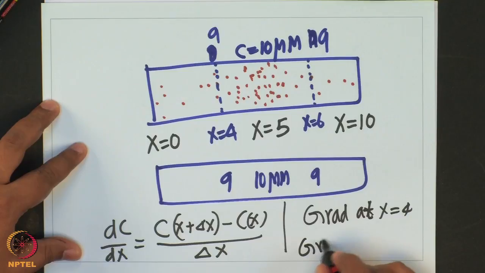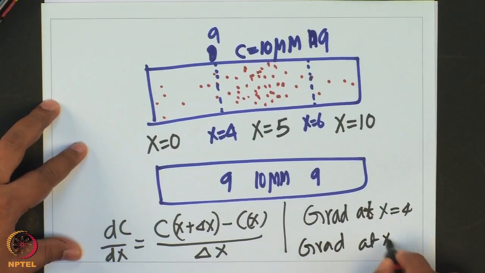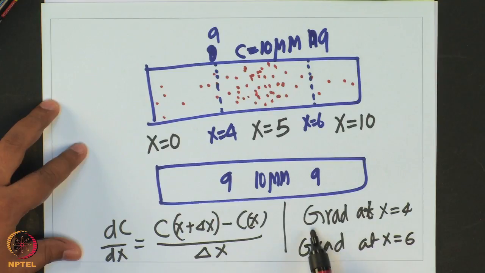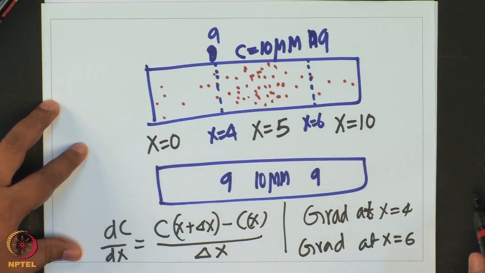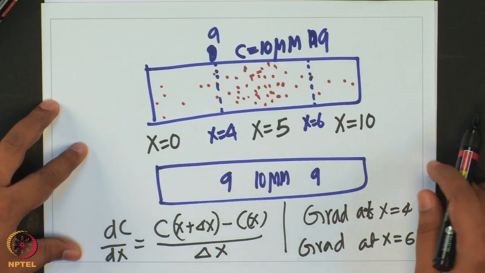Then we will calculate the gradient at x equal to 6. And the flow at these two regions and the direction of this flow we will compute. So this is what we are going to do. We are going to calculate gradient at x equal to 6 and gradient at x equal to 4. And let us see what we would get.